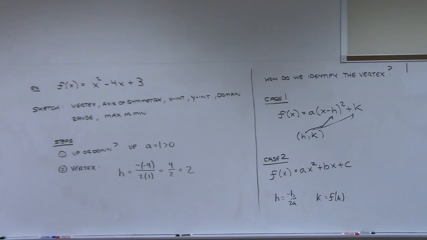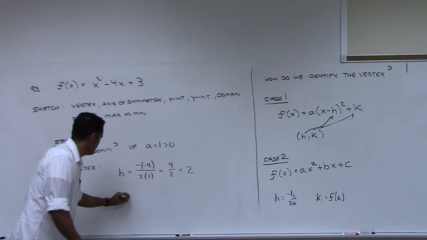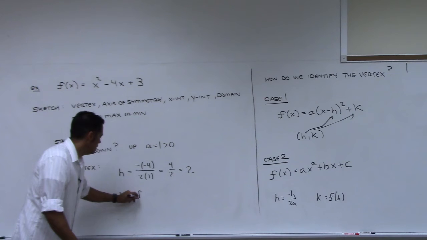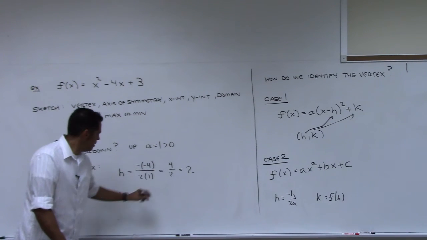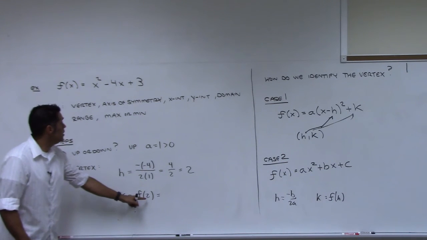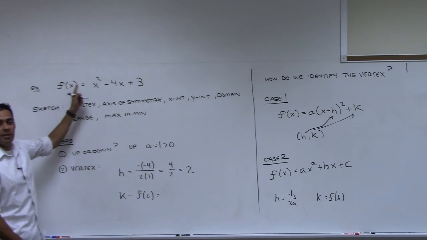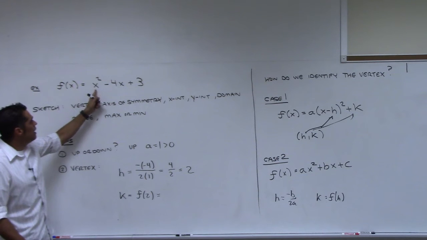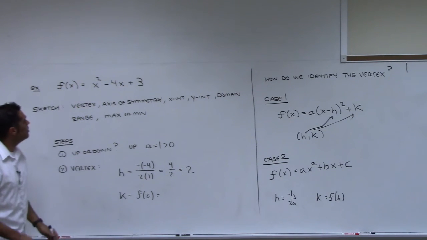Now we get k. So how do you get k? Take this answer, plug it into the function. So you're going to take 2 and plug it in for x. We did that last class, evaluating. So what happens when we plug 2 in there?